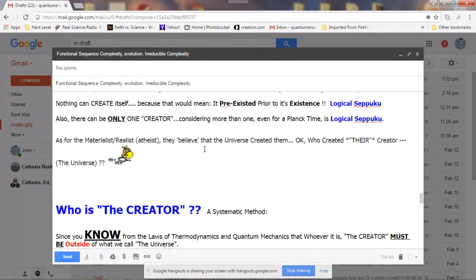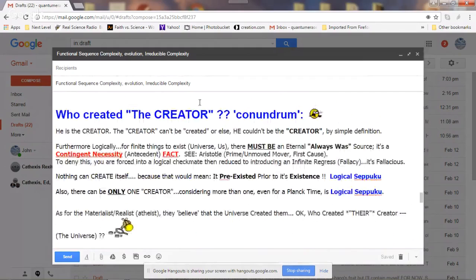So I put a couple of questions in here because these subjects being brought up, they're left to take stabs in the dark, and this is one of those dark stabs because they heard this before, probably from The God Delusion. Who created the creator? Who created the creator's creator's creator? That sort of deal.